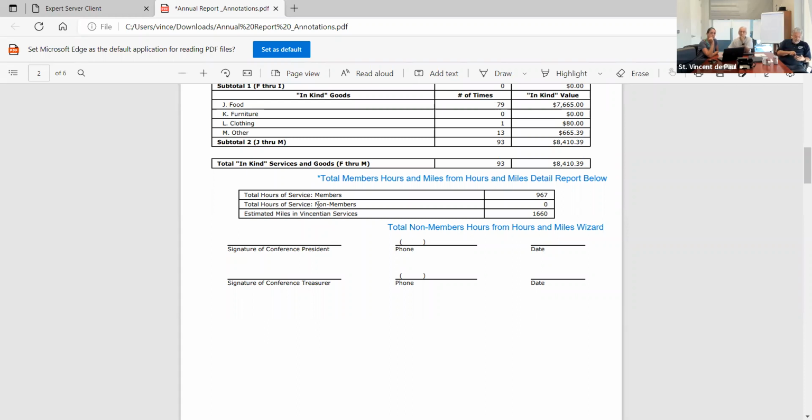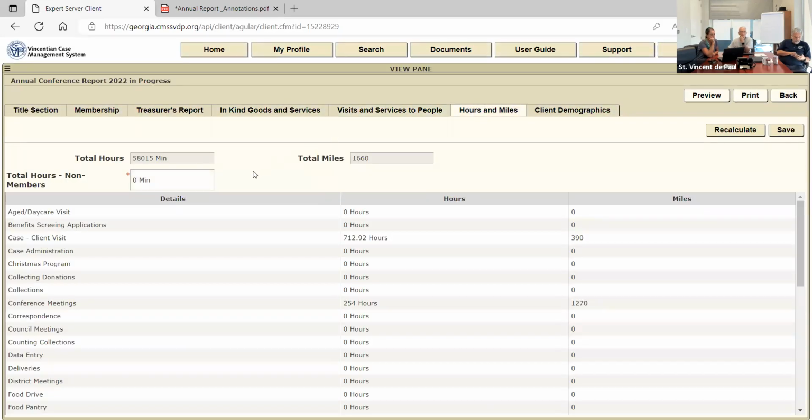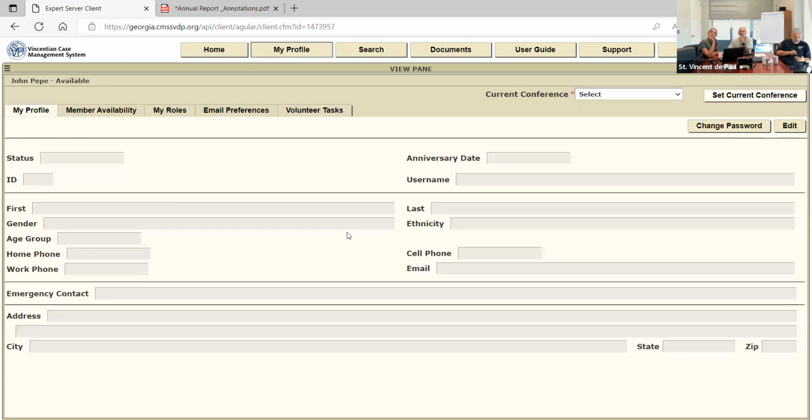Now you can do that one or two ways. You can go over to the wizard, and if you go to the hours and miles section, you could just put a value in right here where it says total hours, non-members. And again, make sure you do a recalculation and a save. And then you could print the report or preview the report, and it'll show the number that you entered in. So that's one way you can do it. The other way you can do it is, and I hate to do this, but I'll do it anyway.